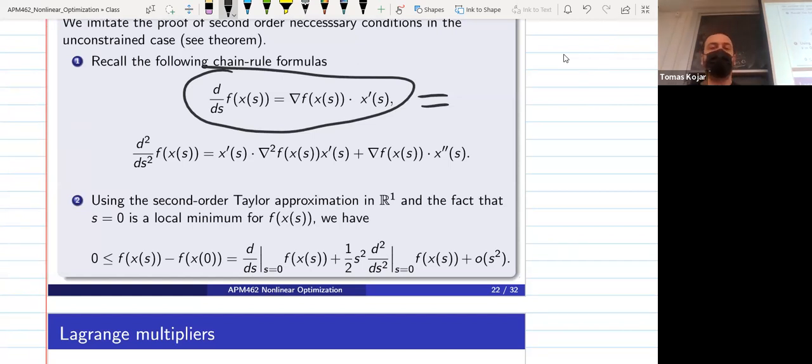When x naught is a local min, this is equal to what at s equals 0? What do you think? You can use your hands.